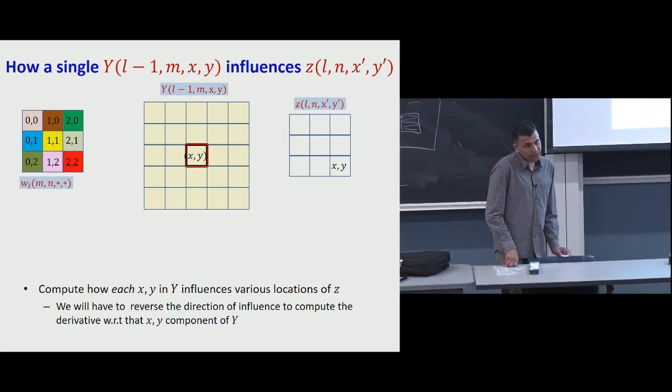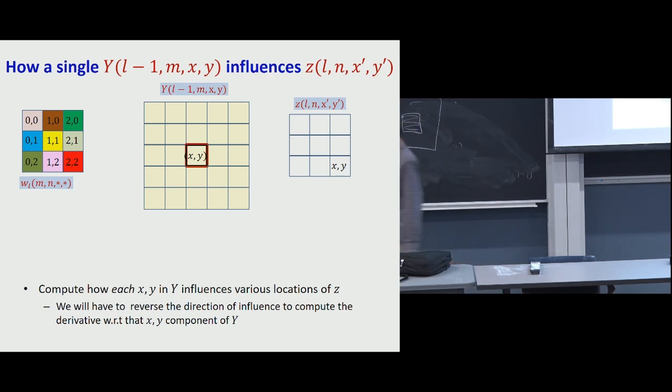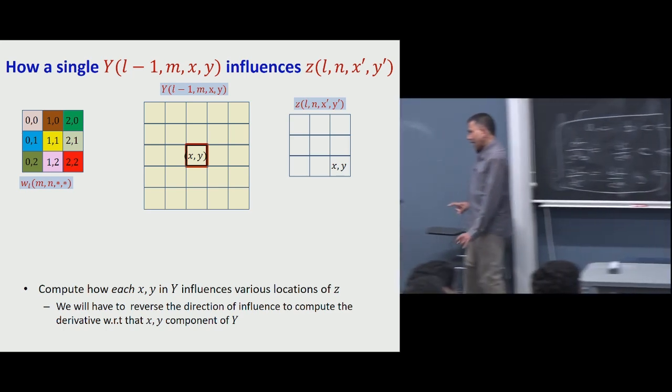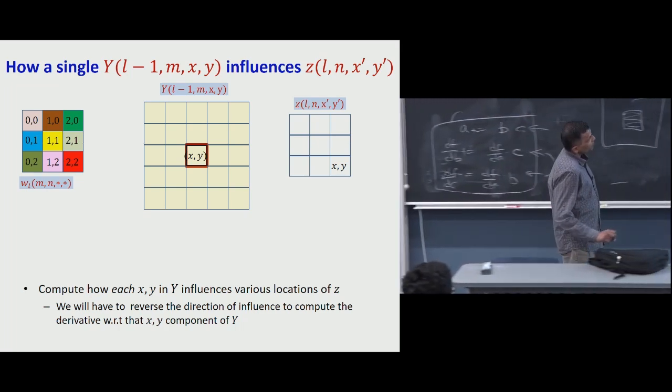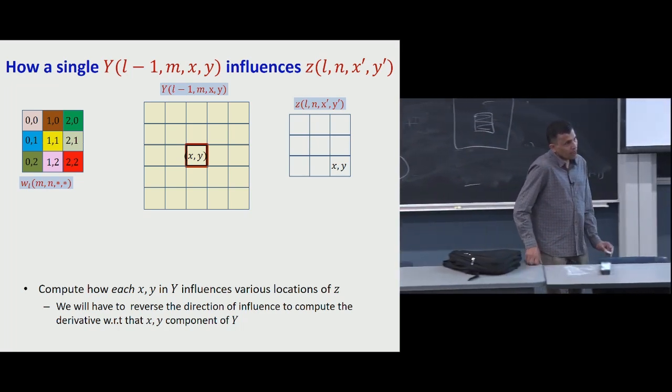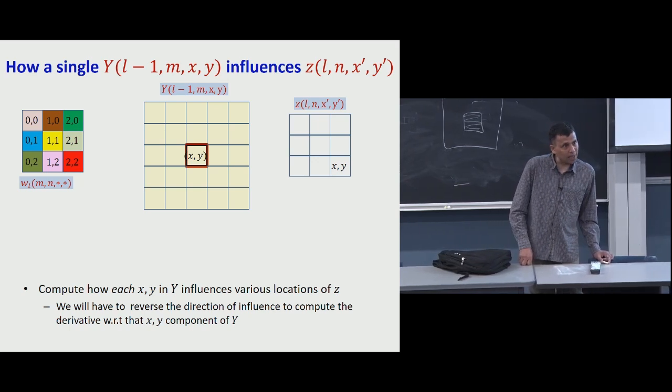So I've marked an xy, and I've marked the same xy location in the z, right? I've also color-coded my filter. So every position in the filter has a color code. I have 9 locations. They have 9 different colors. Okay? The color you can think of as being indicative of the value.